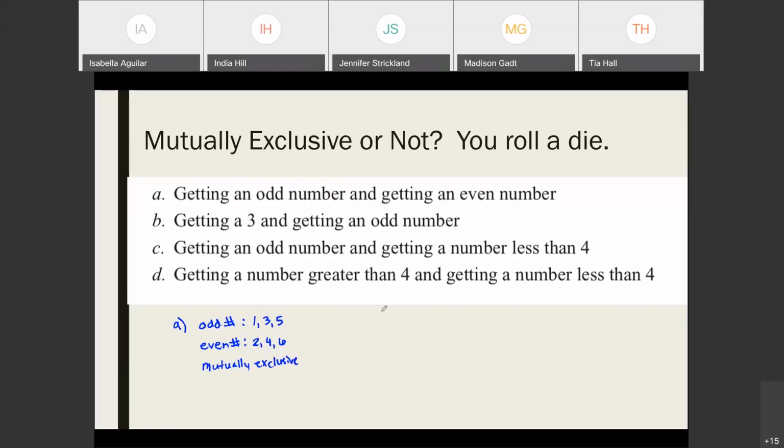Okay. Now I want you to compare that to part B. All right, so the first event in part B is getting a 3. And then the second event is getting an odd number.